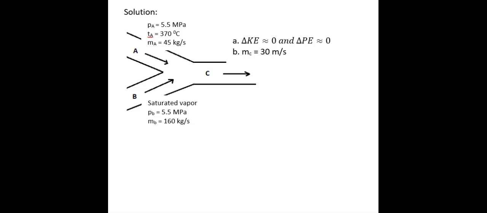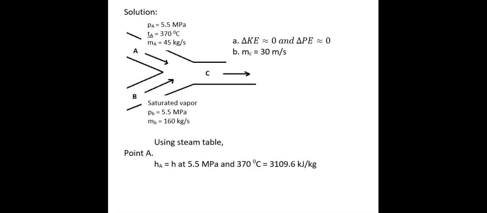The first step to solve this problem is to draw the situation of the pipes and label it with the given data. At pipe A, it has a pressure of 5.5 megapascal, temperature of 370 degrees Celsius, and a mass flow rate of 45 kilograms per second. At pipe B, the steam is saturated vapor, pressure of 5.5 megapascal, and has a mass flow rate of 160 kilograms per second. At pipe A, the steam is superheated since the given temperature is higher than the saturated temperature.